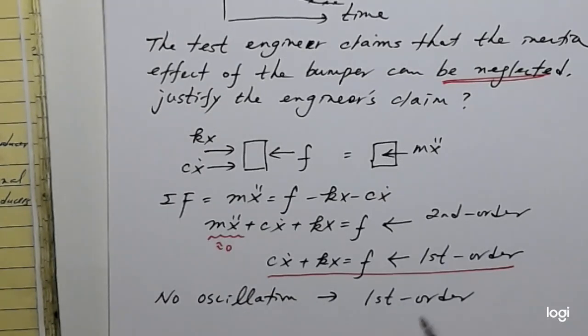Why? Because it could be no oscillation, it could be first order, or it could be second order, overdamped or critically damped.